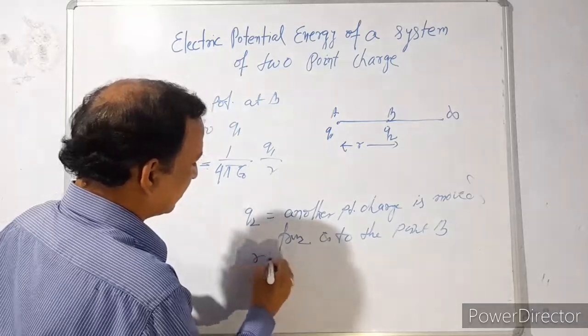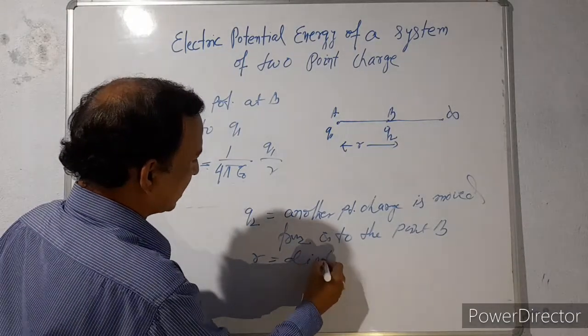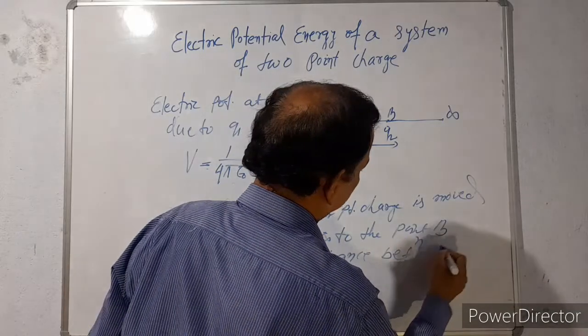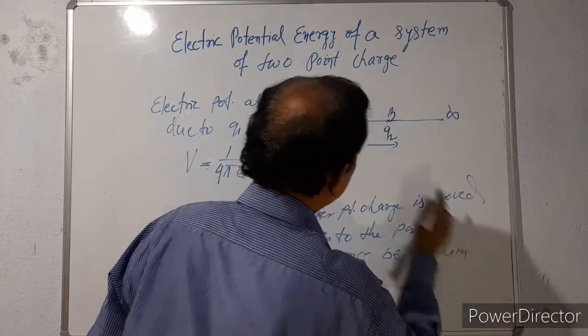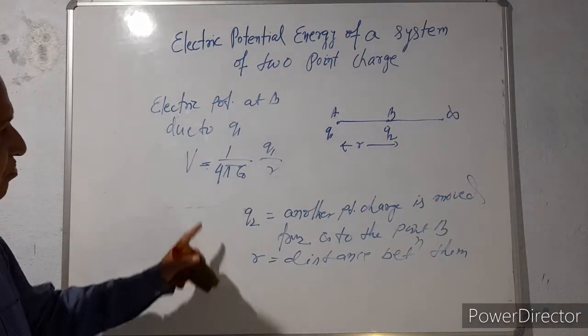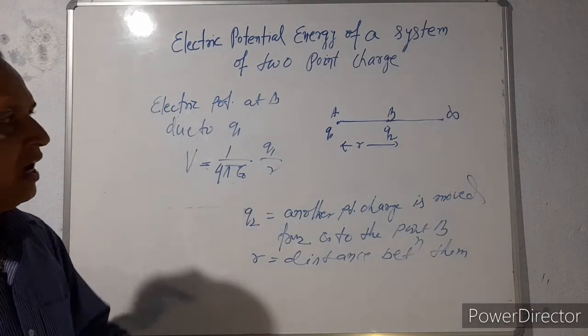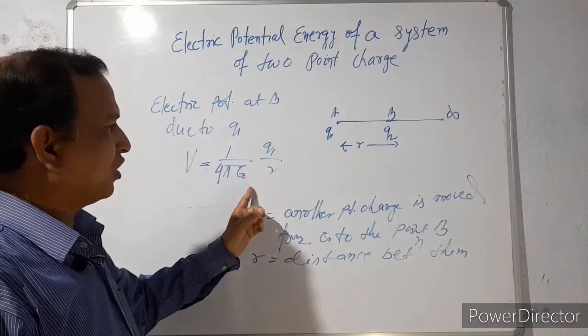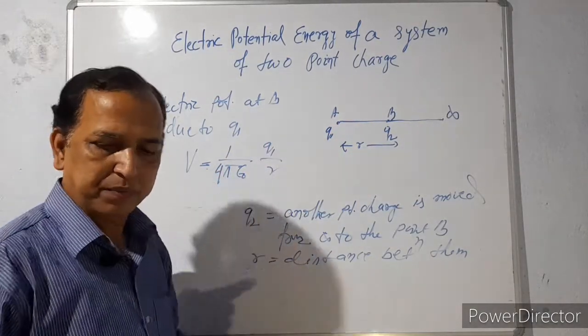R is the distance between them, meaning AB, Q1, Q2. Clear? So the potential at B due to the charge Q1 is 1 by 4 pi epsilon naught Q1 by R.